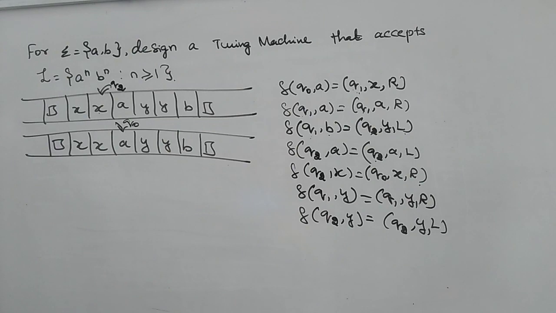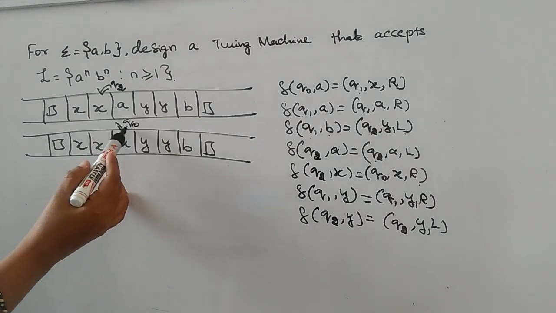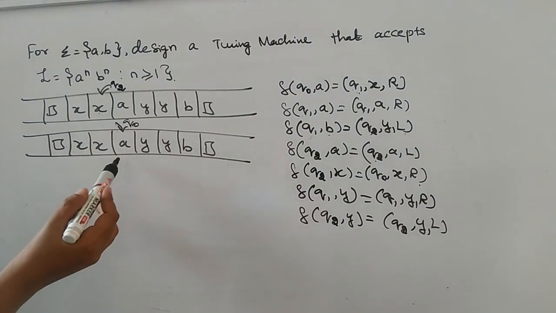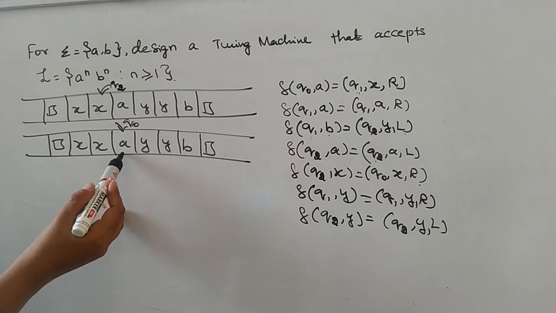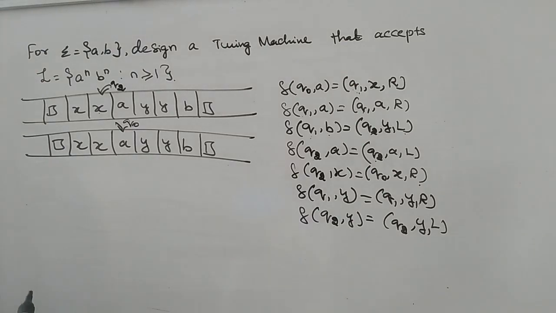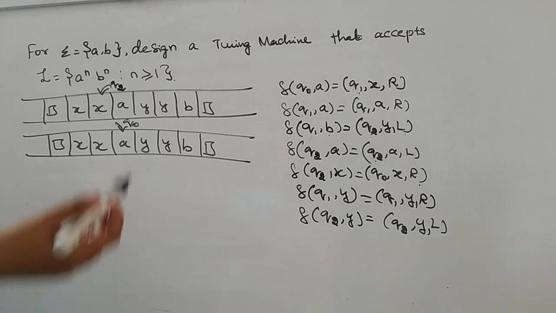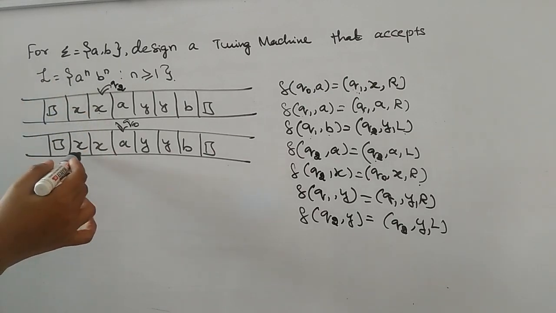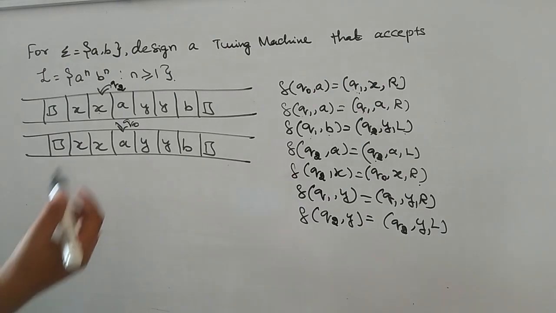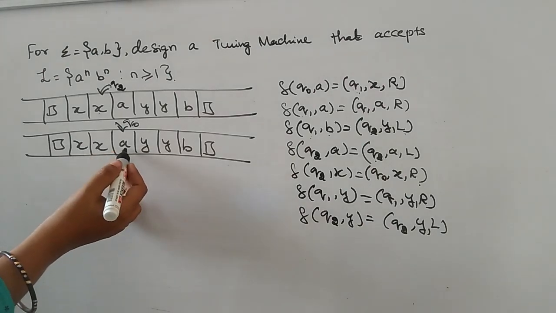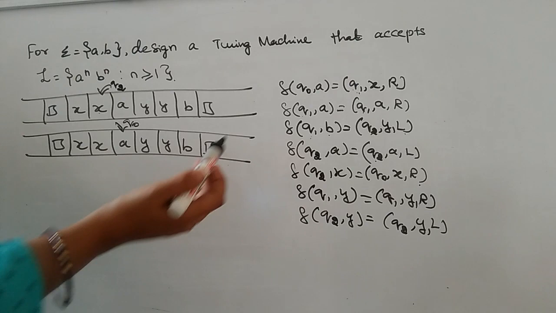You just consider here, now the machine has entered into the state q0 and the read write head is pointing to the symbol a, so again we are going to repeat the same process that we have done for the first two a's. So we have to replace this a with x.